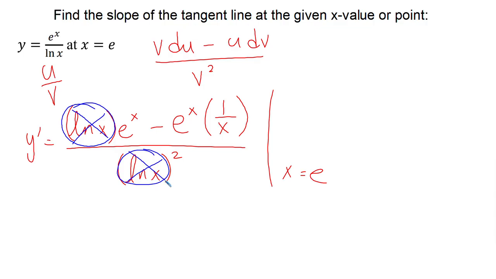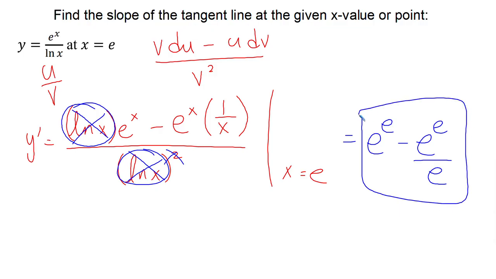And if I square 1, well, that can be ignored as well. So really, all we're looking at here is these other few terms. We should end up with e to the power of e minus e to the power of e times 1 over e, so over e. And that is our final answer.